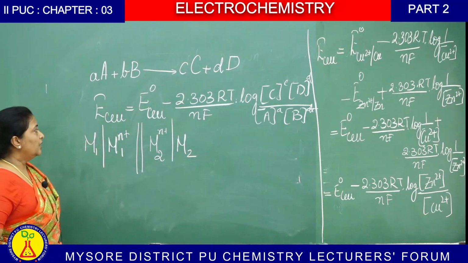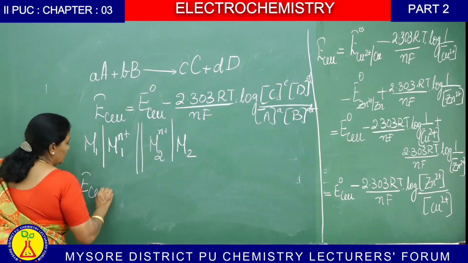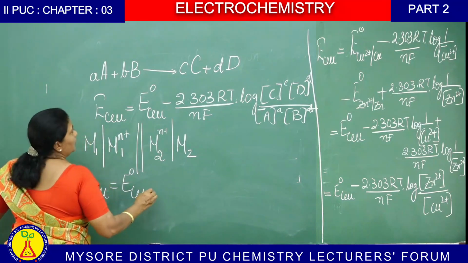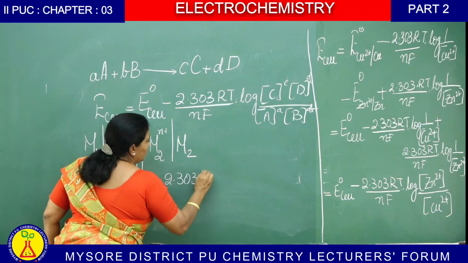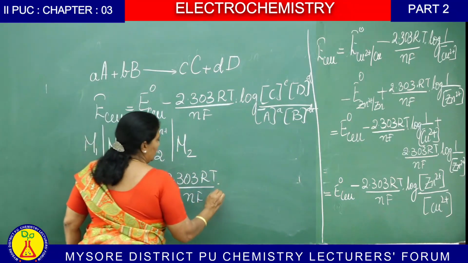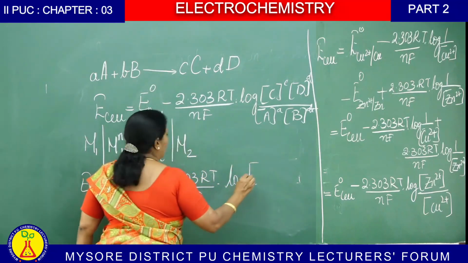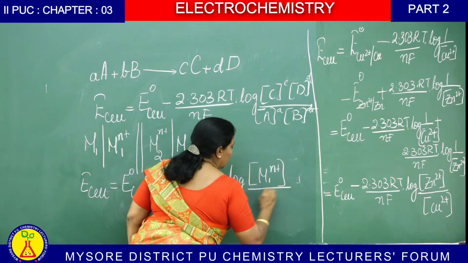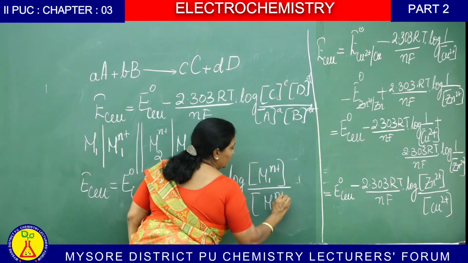Then the Nernst equation for this will be E cell equal to E naught of cell minus 2.303 RT by nF into log of concentration of M1 n+ divided by concentration of M2 n+.